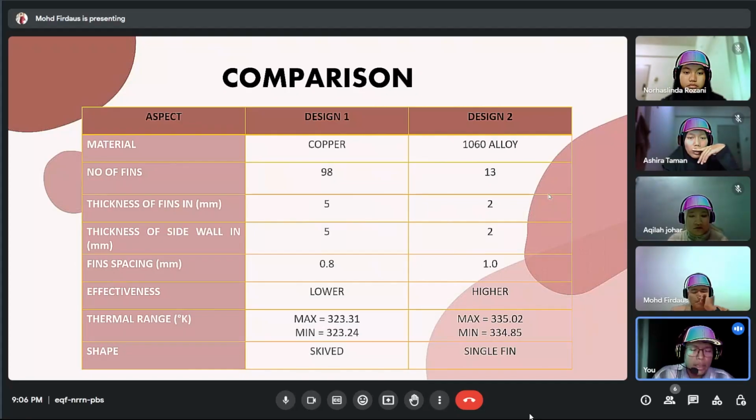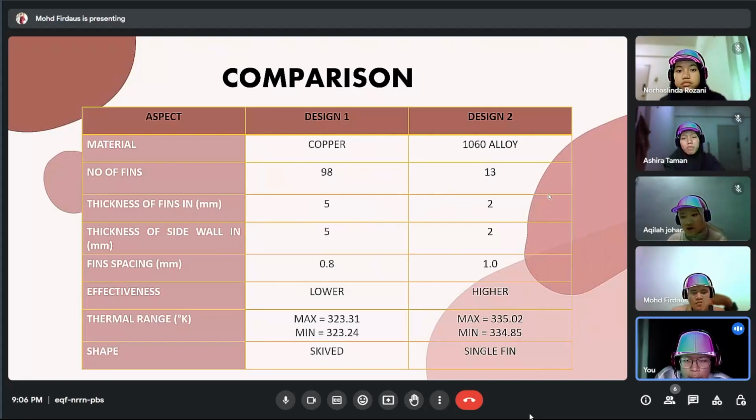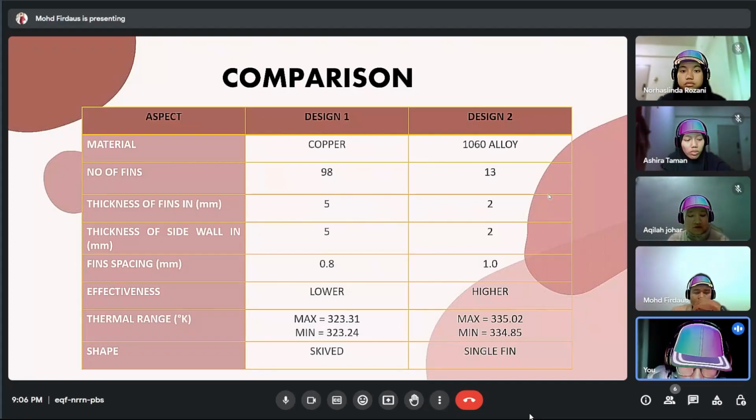We are already using the fin sizes. Then the fin spacing means the spacing from one fin to another fin. In design 1, we get 0.8, and for design 2, it's 1.0 mm. So for design 2, the spacing is quite bigger.